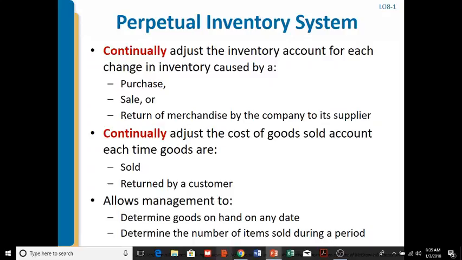There's a couple of ways you can establish an inventory system. It can be perpetual or it can be periodic.